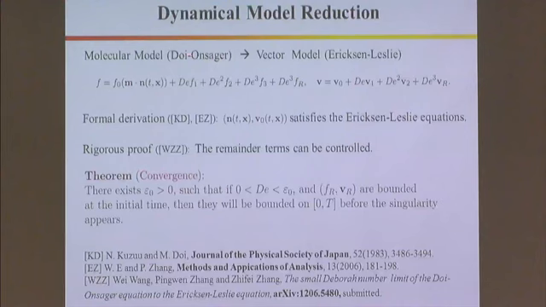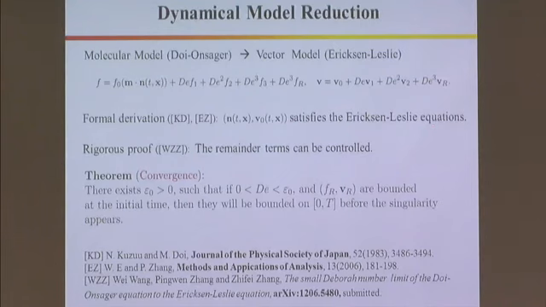For example, we make an expansion at equilibrium, and the Deborah number is small. Mathematically, this is a Hilbert expansion. So the formal derivation goes from the Doi model to this Ericksen-Leslie equation.